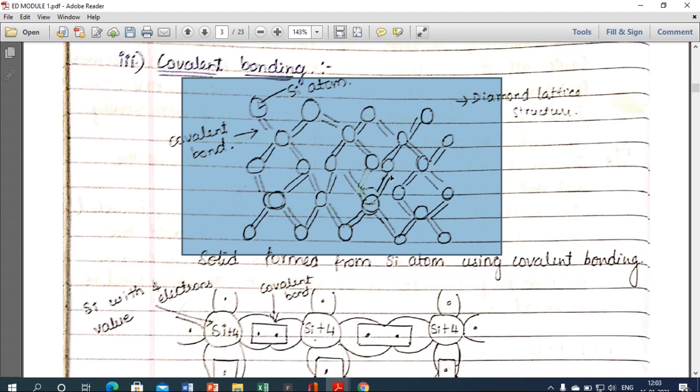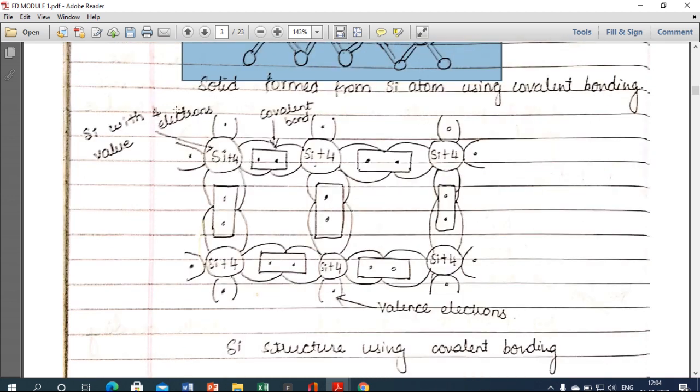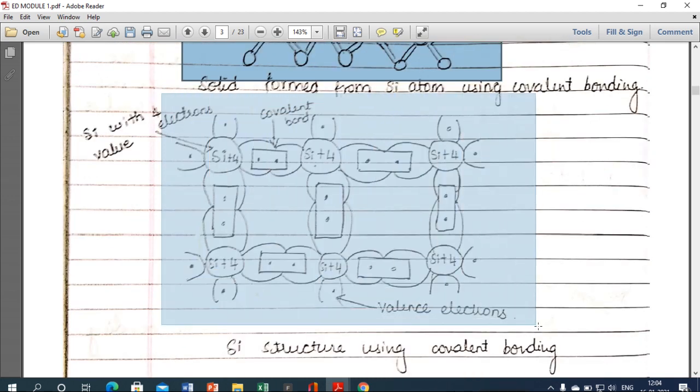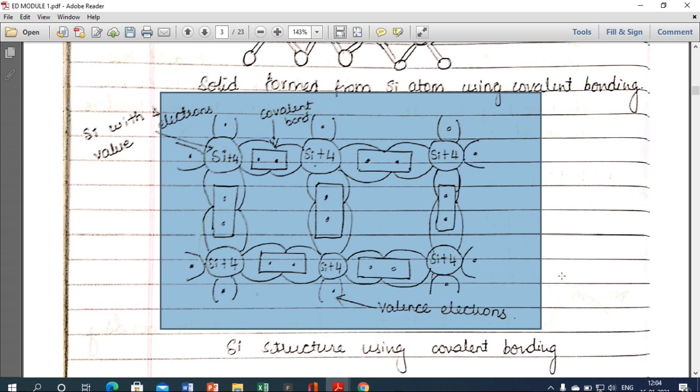Covalent bonding, in other words, we also call the diamond lattice structure. Here we have taken one example based on the silicon atom. Silicon is a kind of semiconductor. I hope you studied semiconductors. Semiconductors are p-n junctions which hold p-type and n-type material.